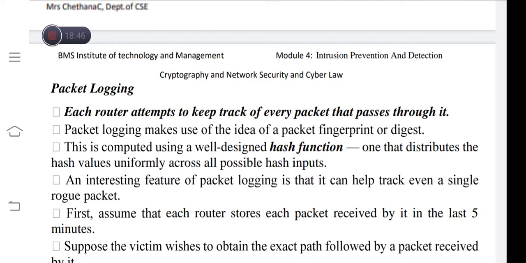It is computed using a well-designed hash function which distributes the hash values uniformly across all possible hash inputs. The important feature of the packet logging is that it can help track even a single packet.